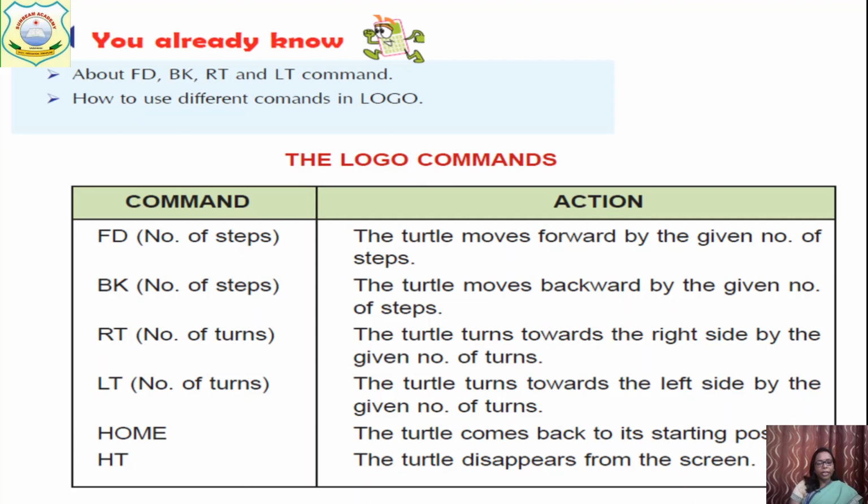You know very well what is FD. FD, then space, number of steps. This is the command that moves the turtle in the forward direction by a given number of steps. BK, space, number of steps, will move the turtle in the backward direction by the given number of steps. Then we have RT, space, number of turns.